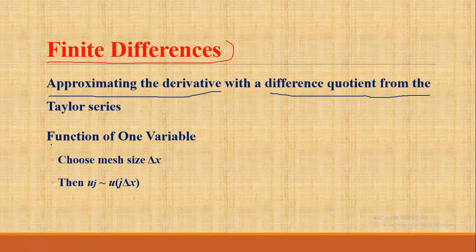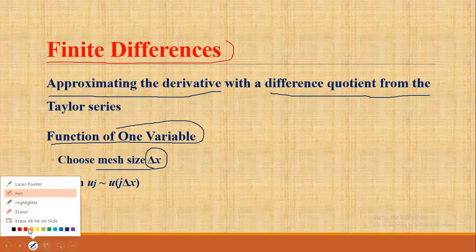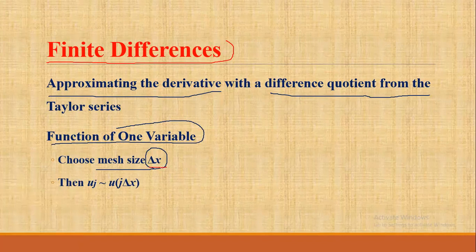In one dimension, we choose the mesh size delta x. If u is the dependent variable, then uj is u of j delta x.